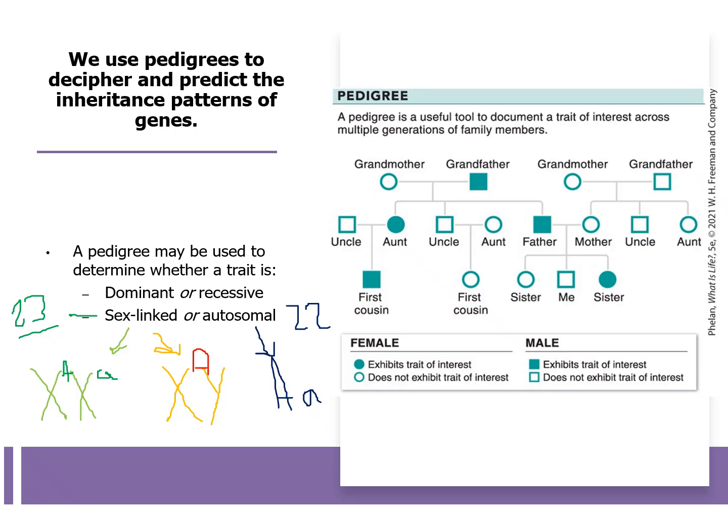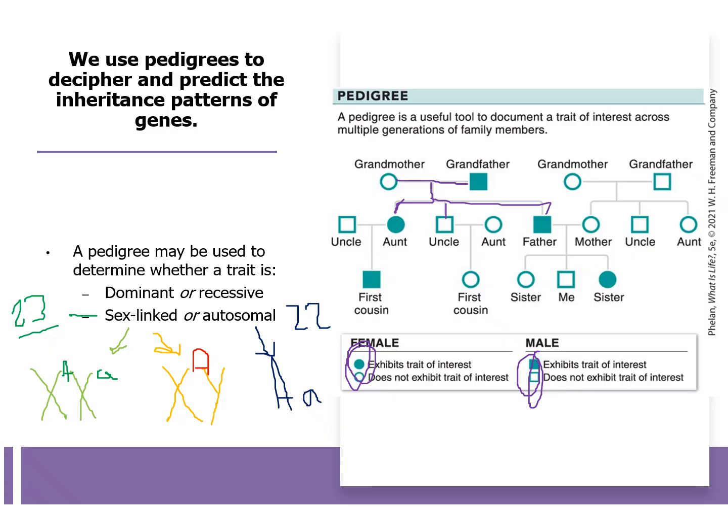Now, when it comes to the pedigree, I don't need you to know how to do a pedigree puzzle like we've done in lab, but I do need you to know, what do the circles mean? What do the squares mean? And what does a line that is connecting a circle and a square mean? What does it mean when there is a line coming down and connecting these circles and squares?